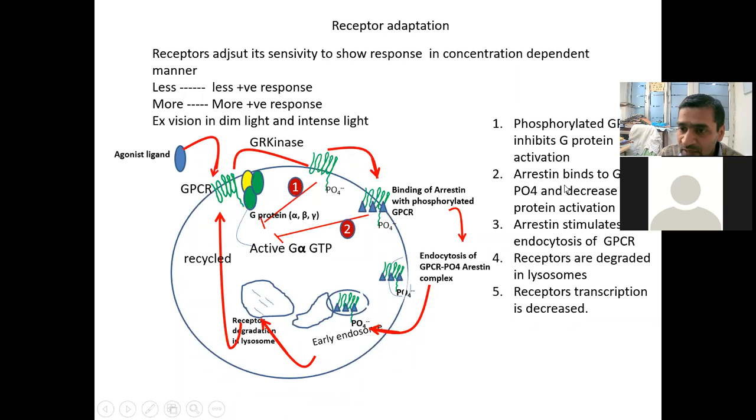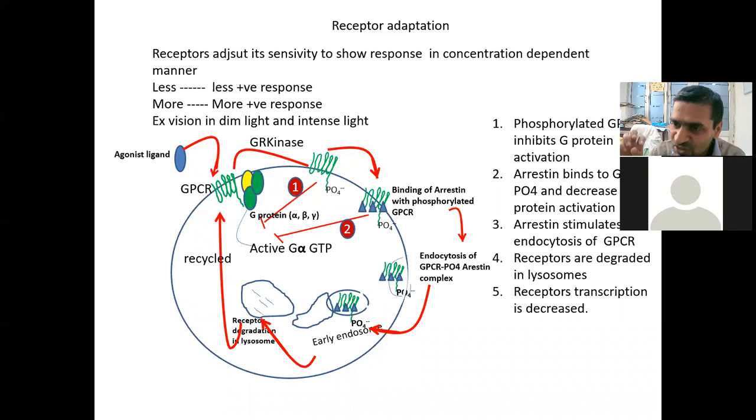Second point, arrestin binds to the phosphorylated GPCRs and decreases G protein activation. So again, what is this complex? The phosphorylated GPCR bound to arrestin. So the arrestin-GPCR phosphorylation complex also inhibits G protein action. Now you see how the response will diminish.